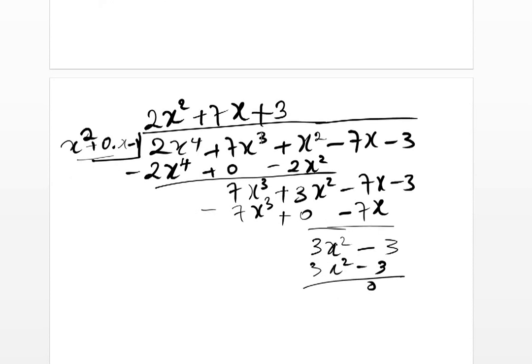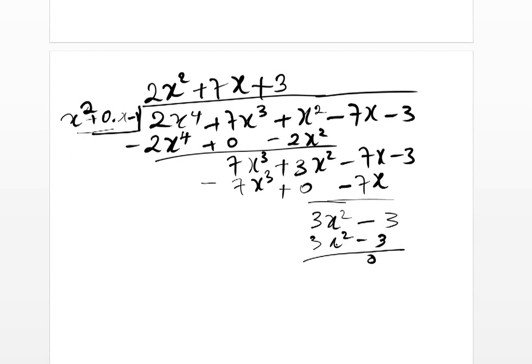So when that is done, it means that our quartic polynomial which was given is written in the form x minus 1 into x plus 1 into, when you factorize 2x squared plus 7x plus 3, it gives us 2x plus 1 into x plus 3.